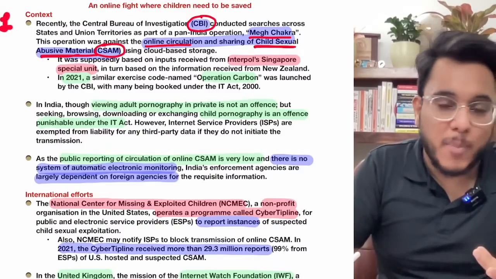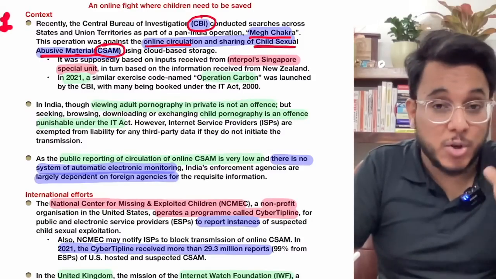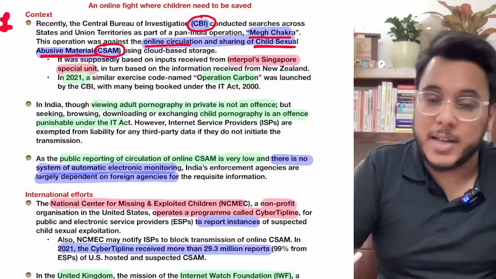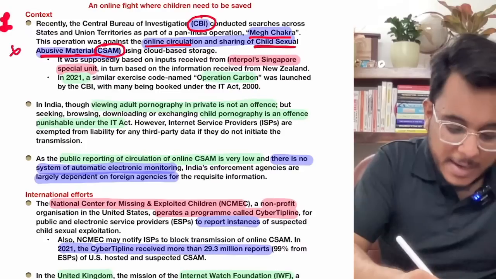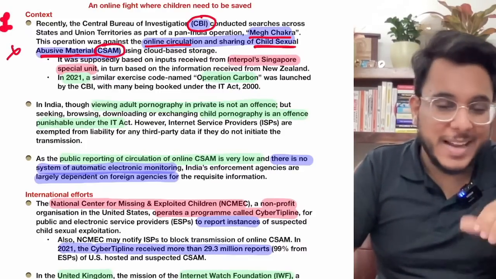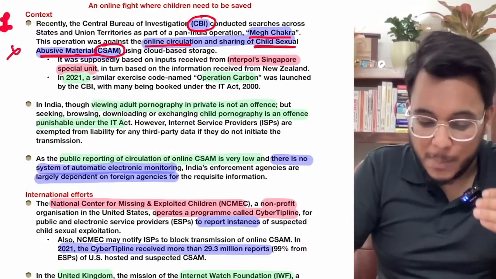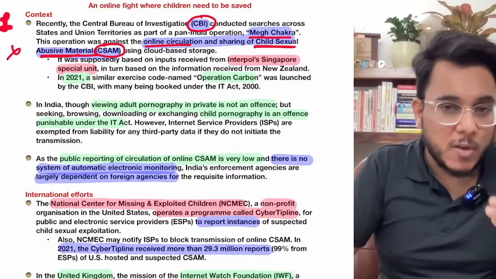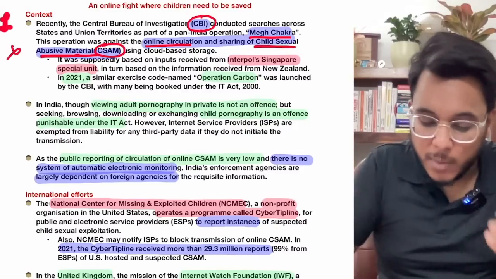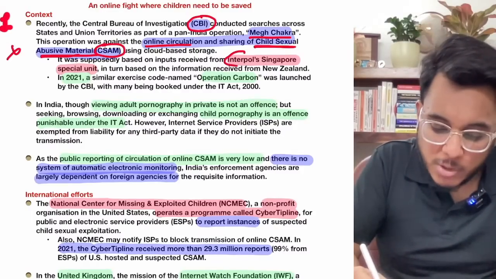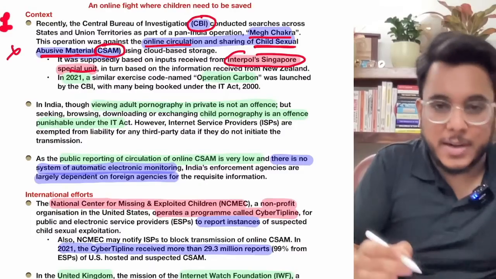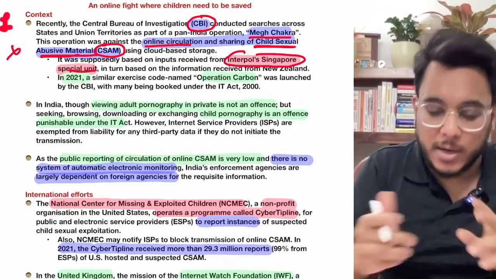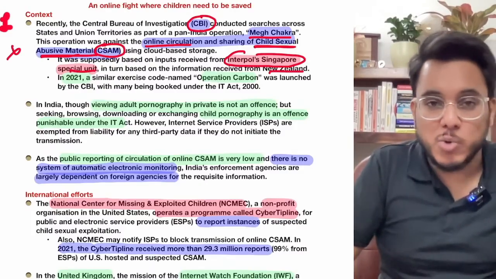Now these are the child pornographies, or the videos of child rape, that are circulating on the internet. First of all, how was this exercise carried out? It was carried out on the basis of intel, on the basis of information given by Interpol's Singapore Special Unit, and Interpol's Singapore Special Unit got the information from New Zealand.